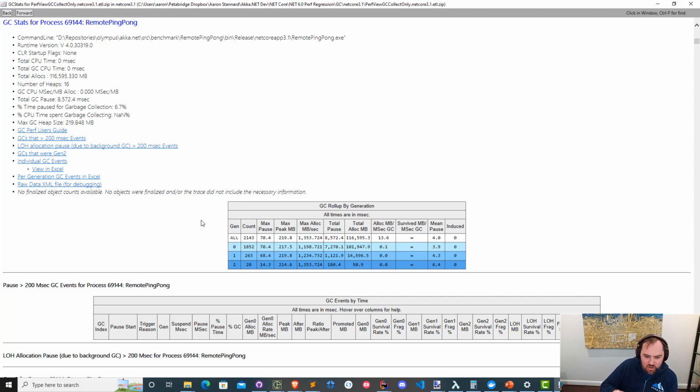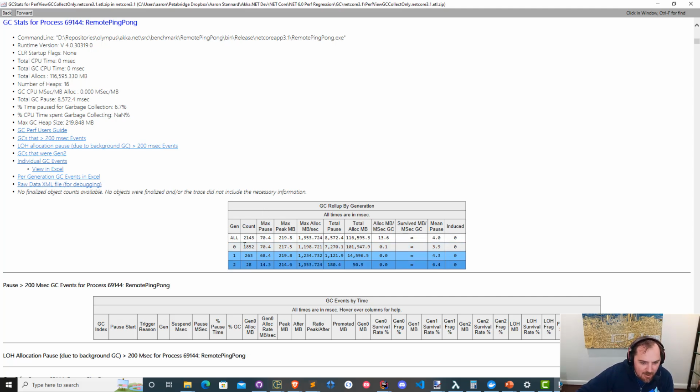So Gen 0 should be cheap, Gen 1 should be more expensive, and Gen 2 is the most expensive. Well, we can see that on average, our GC pause time is about 3.9 milliseconds for Gen 0, 4.3 for Gen 1, and 6.4 for Gen 2. That kind of meets my expectations. I'd expect that garbage collection would get more expensive the higher up the generation you go.